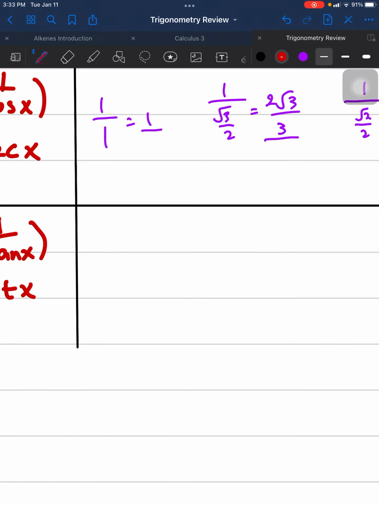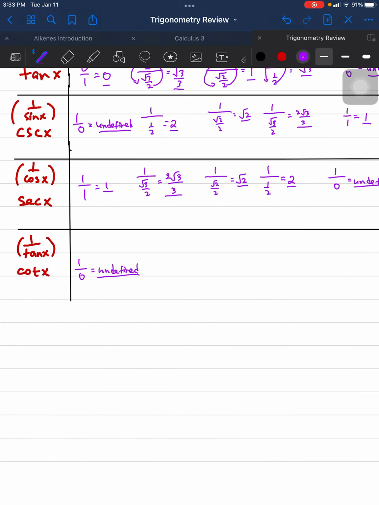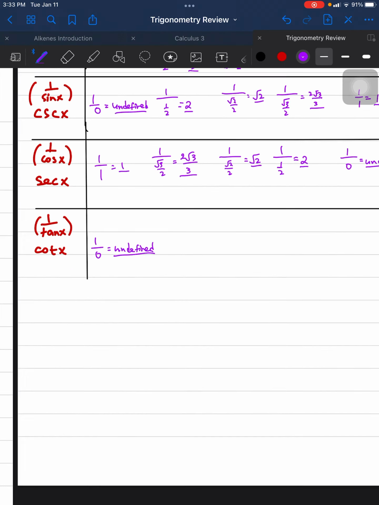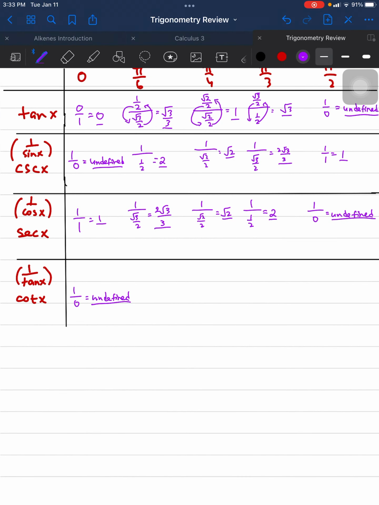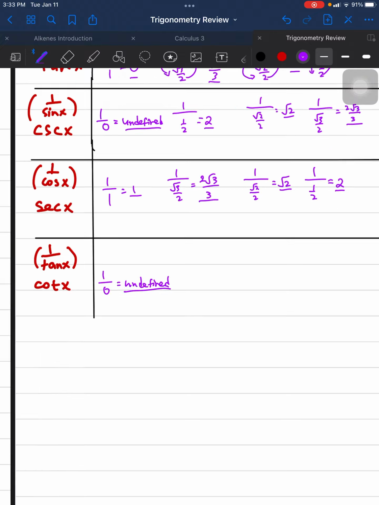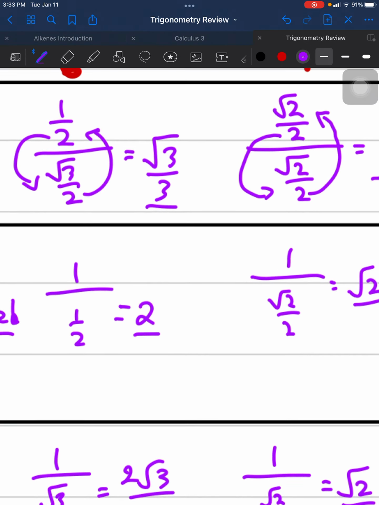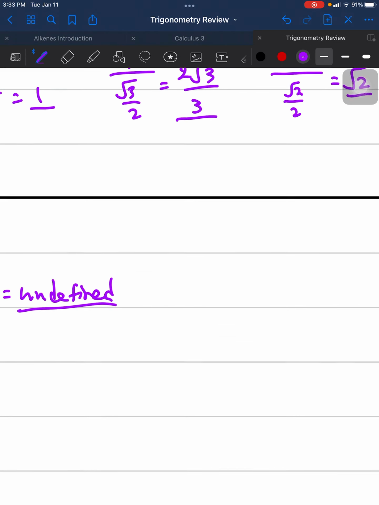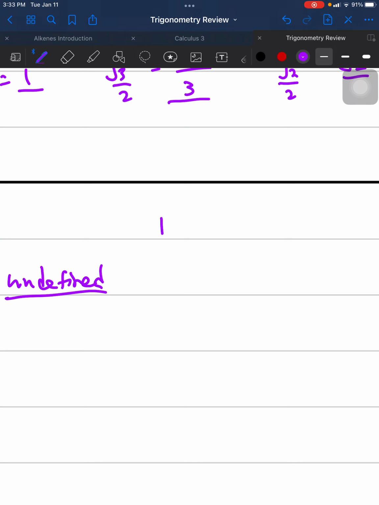So tangent of 0 is 0. Tangent of 0 is 0. So that means that we're going to have 1 over 0. We know that's undefined. So cotangent of x at 0 is undefined. Now tangent of pi over 6 is right here, we see, is radical 3 over 3.